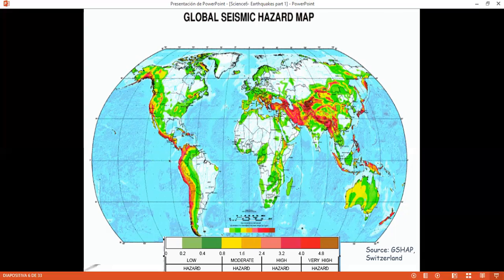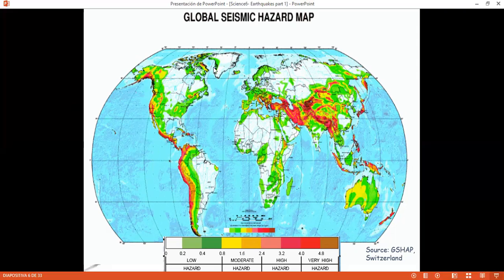All of these, as you can see, run around what we already studied to be the ring of fire, along the oceans, slipping through the coast of Japan and, of course, all North America and down in South America. So the probability of earthquakes there is high, and actually they do happen. And besides, they are very big earthquakes.